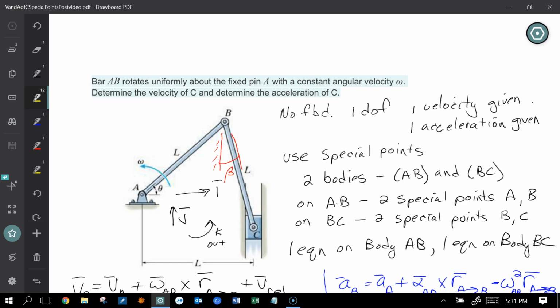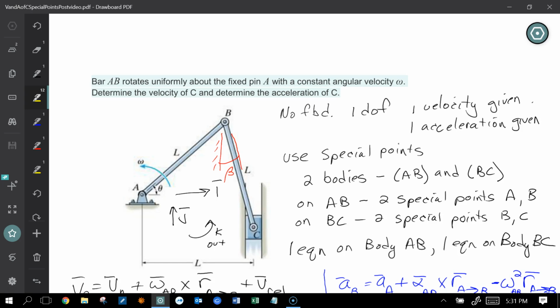That means I'm not going to be integrating anything. Very few problems, because the problems are rather long already, are going to require integration, but all of the concepts that we used previously are still applicable. Okay, so I know I can do it without a free body diagram.